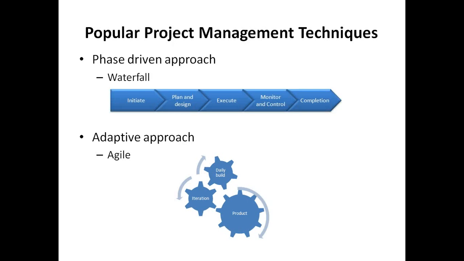Traditionally, a phase-driven approach was followed, which we all know the waterfall model to be one of the pioneers or the flagships of. A waterfall model is a very strict model wherein each phase is started only after the previous phase finishes.